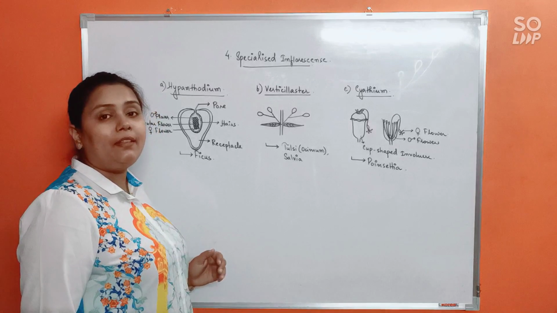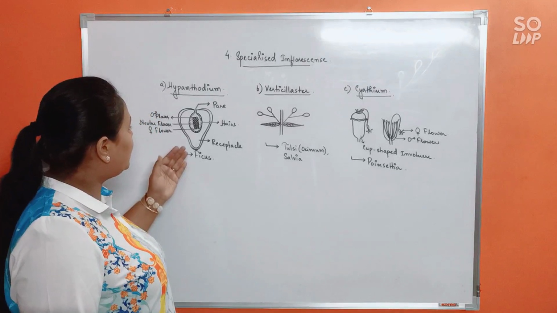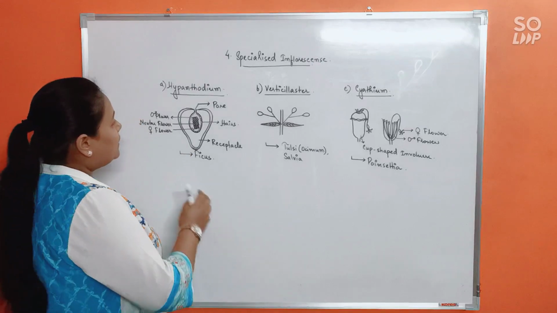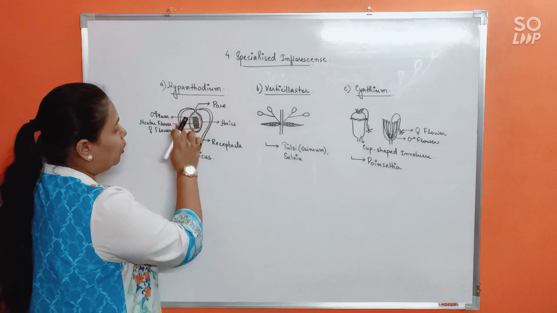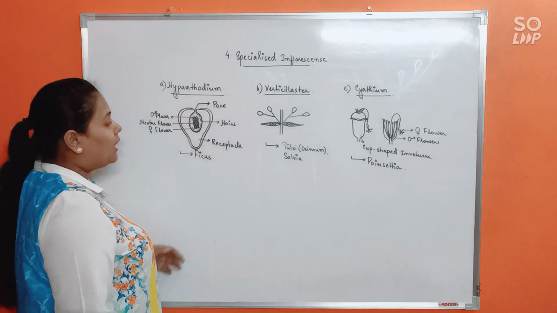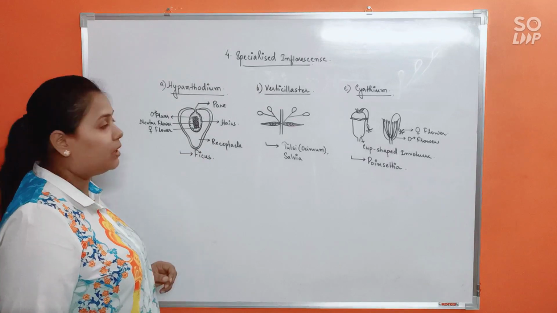First, Hypanthodium inflorescence. As you can see in the diagram, it consists of a flask-shaped fleshy receptacle. So this whole thing that you can see, this is the receptacle, a fleshy flask-shaped receptacle.